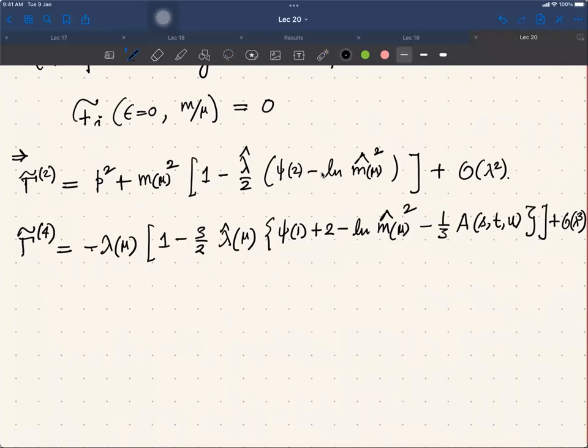So the first consequence is that unlike in the previous case, where all these contributions were all 0, in the earlier case we had the situation that gamma tilde 2 will be given by m mu square at p square equal to 0, and gamma tilde 4 will be minus lambda mu at all pi set to 0.